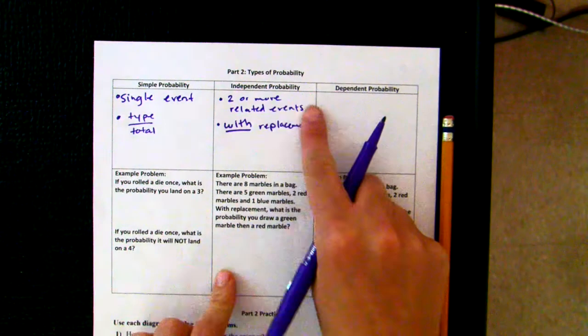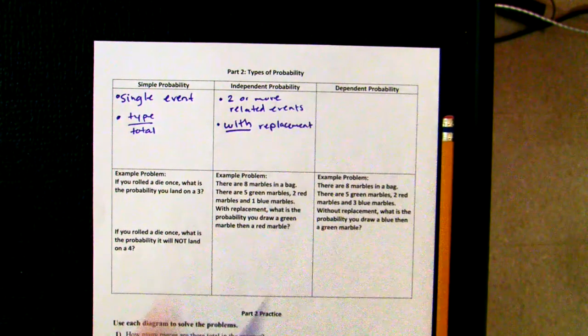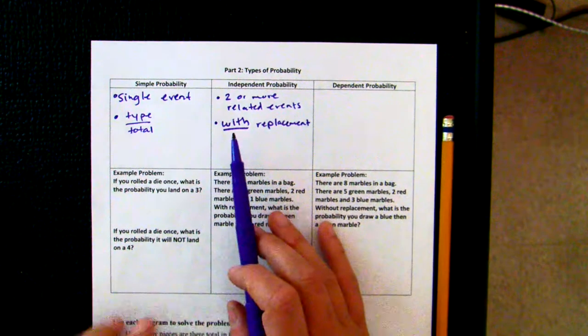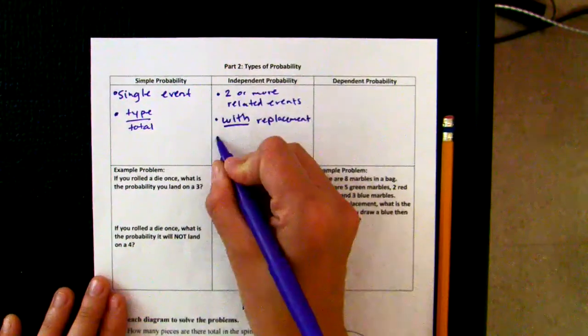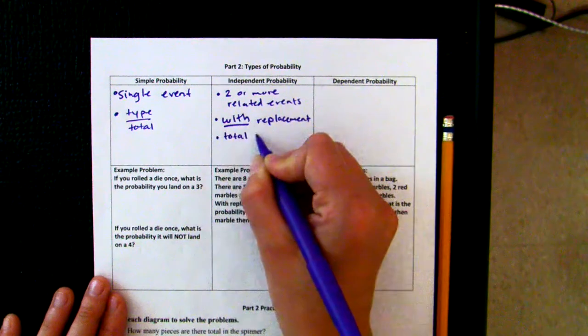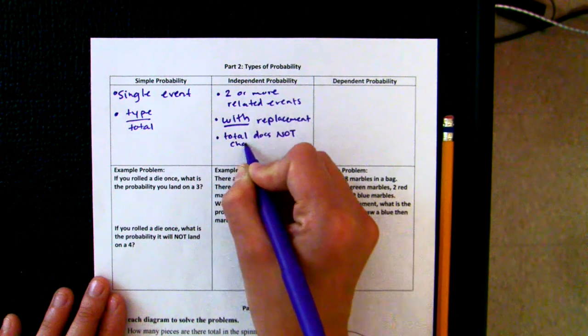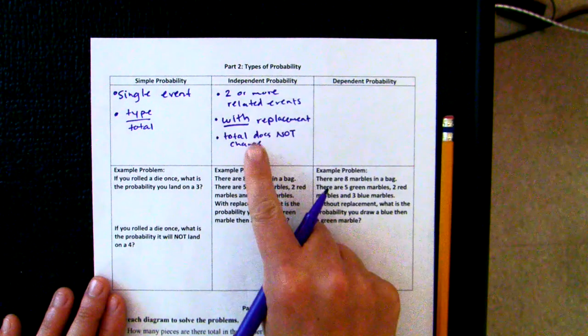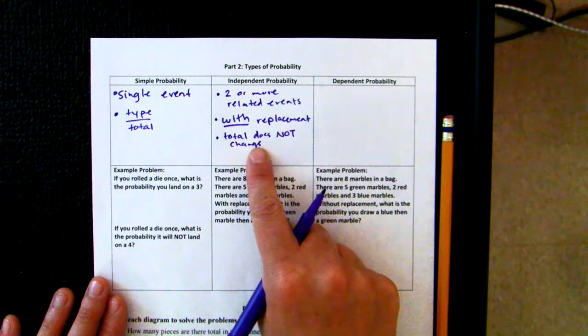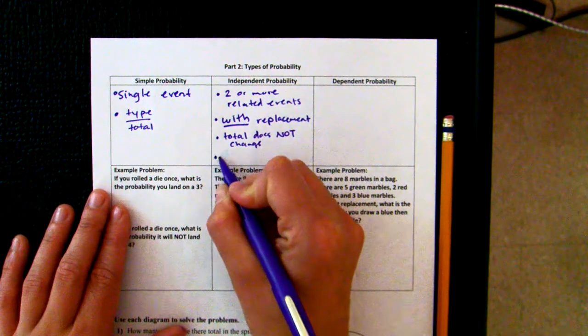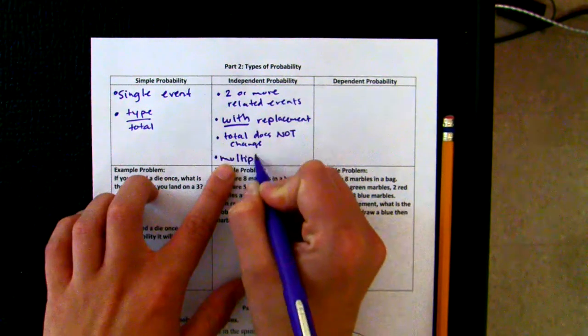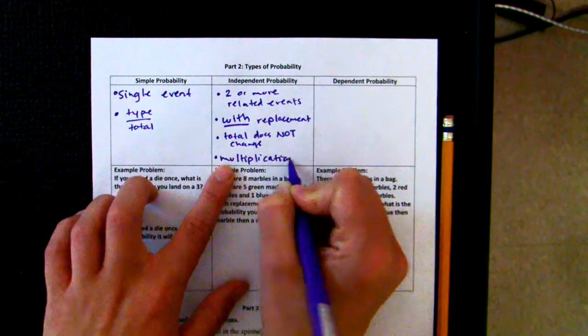The 2 events are independent of each other. They're related, but they're independent of each other, okay? With replacement, this means your total does not change. And we're using multiplication between the events because they are related.